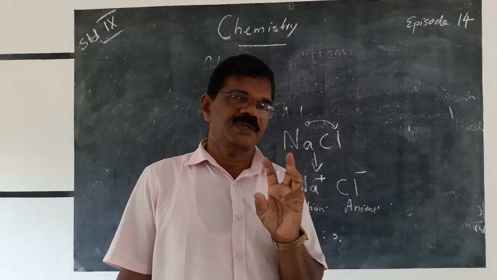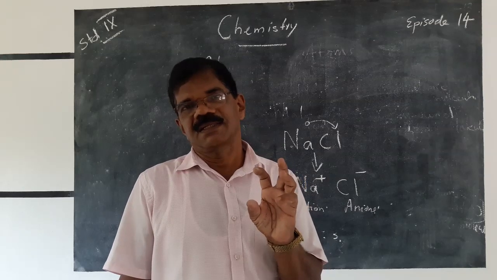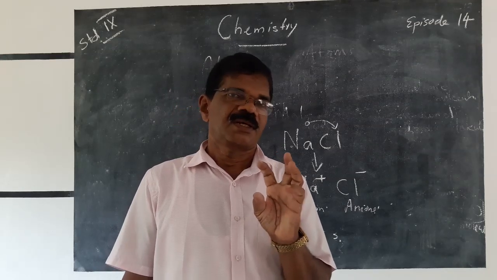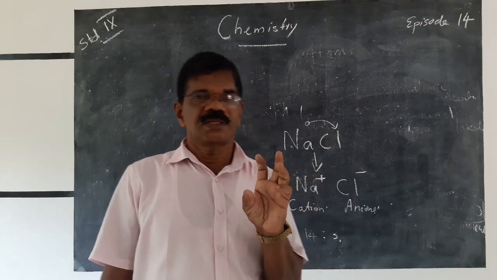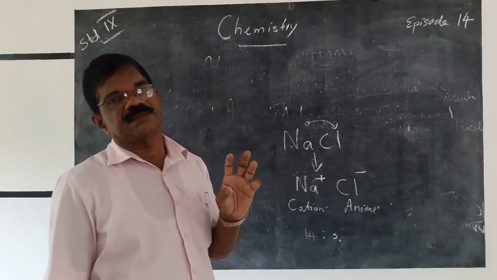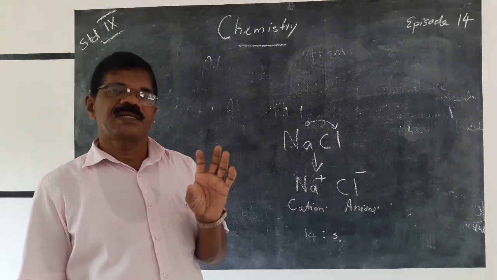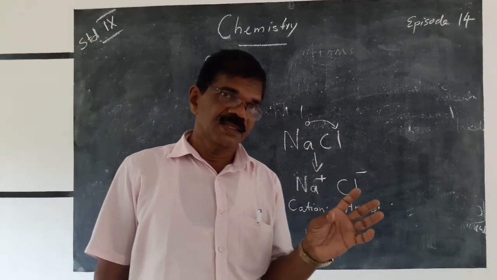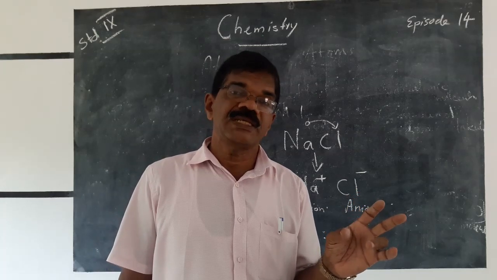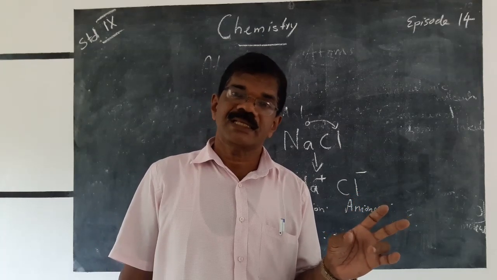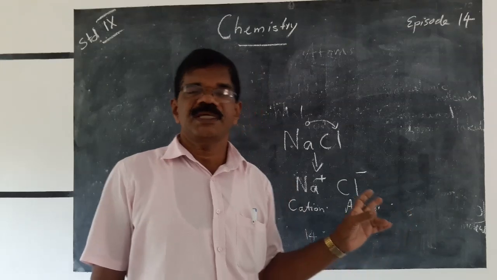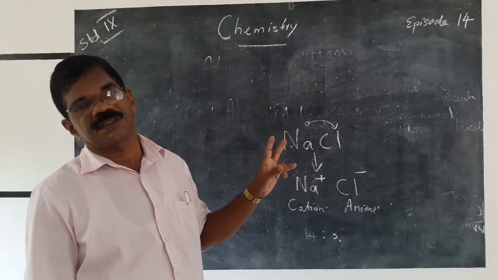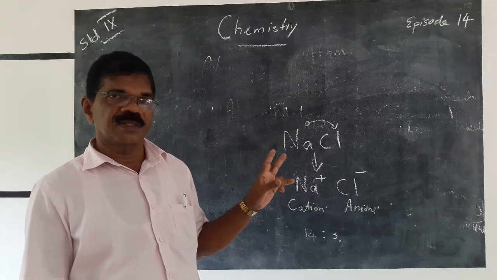In a chemical compound, or salts, acids, bases, etc., when dissolved in water, it splits up into positively and negatively charged species. A positively charged species is known as a cation and a negatively charged species is known as an anion.